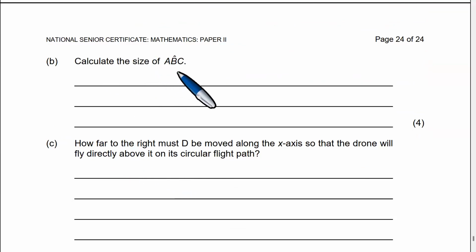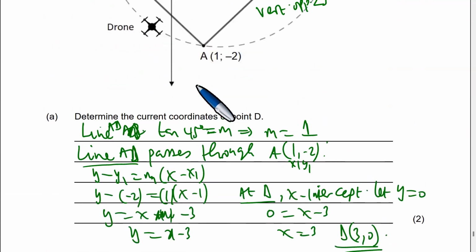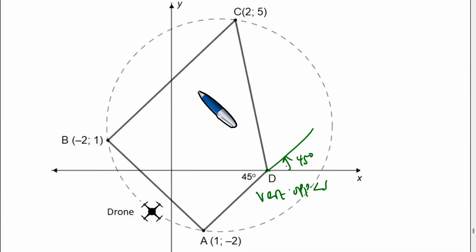Calculate the size of angle ABC. What is the size of this angle? We can find the gradient of the line AB and then the gradient of the line BC.